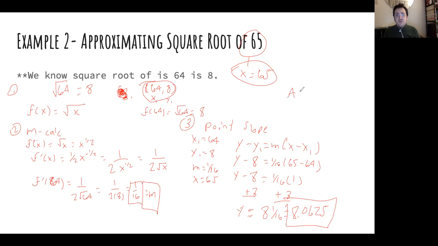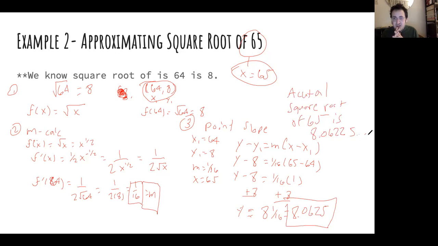The actual square root of 65 is 8.0625, and it just kind of repeats with random decimals after that. But the bottom line here is that we got to 8.062.